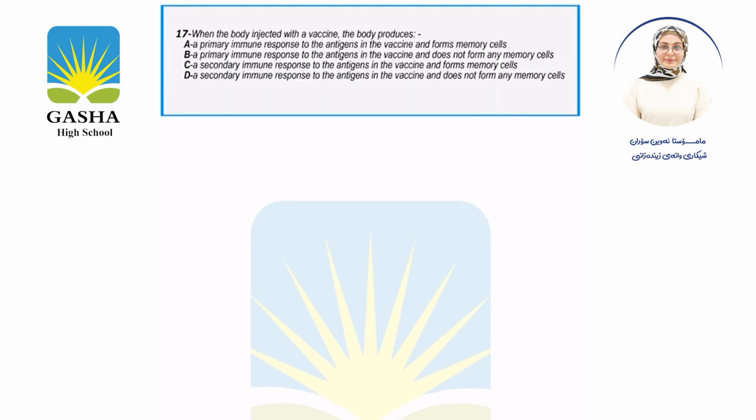Question 17. When the body is injected with a vaccine, how does the body respond? If you remember, when a person takes a vaccine, the first thing that happens in the body is a primary immune response.